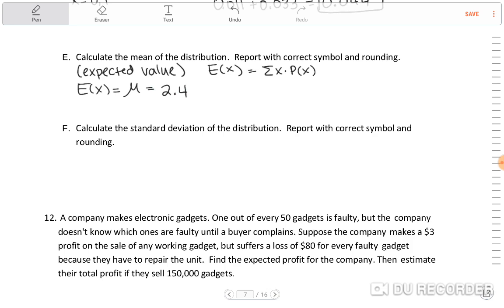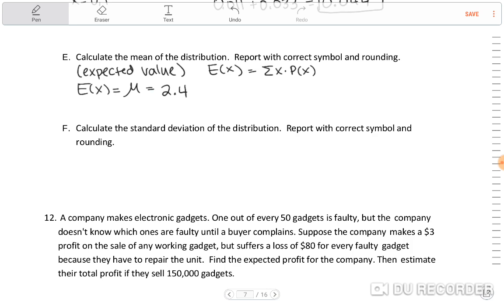Now, you're probably wondering why I didn't put x bar, because that's what it showed on the calculator, right? Well, we know that this is the whole population. This is a probability distribution, so expected value is the population mean, and therefore we use mu. Now, this is also on your formula sheet. Where did I put it?